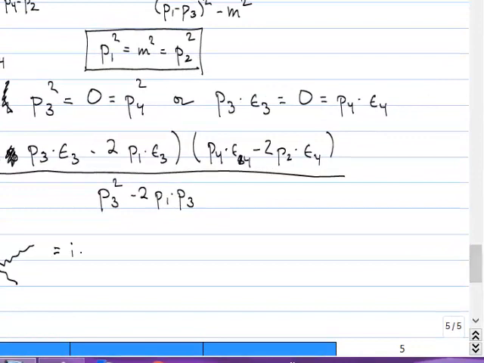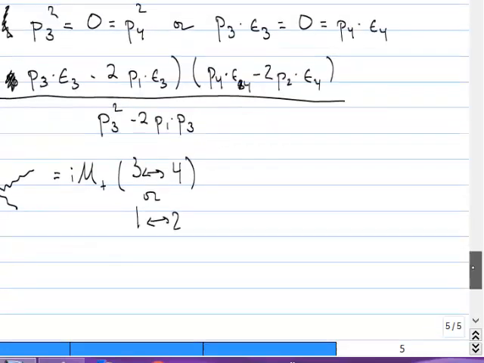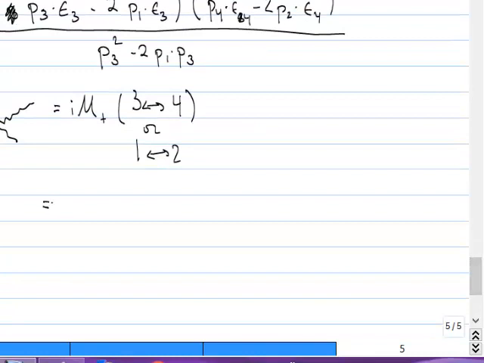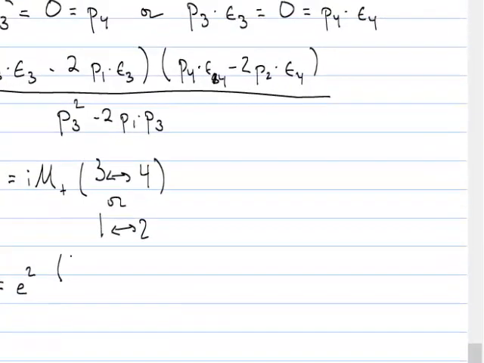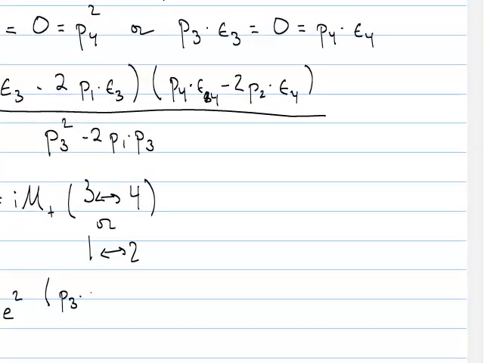That is just the same thing as MT with 3 going to 4, or alternatively 1 going to 2. So we can write that down just by comparing with the expression for MT.